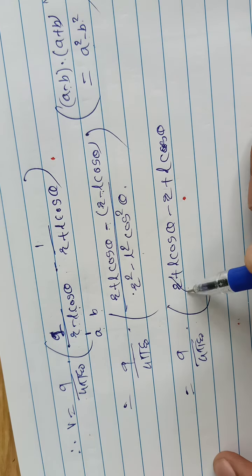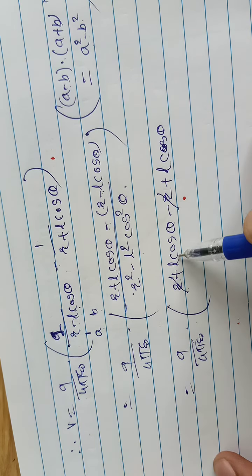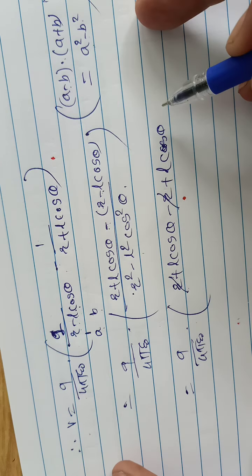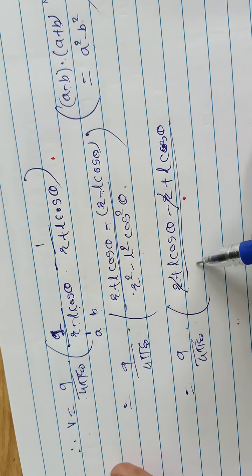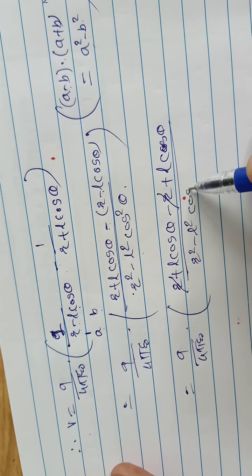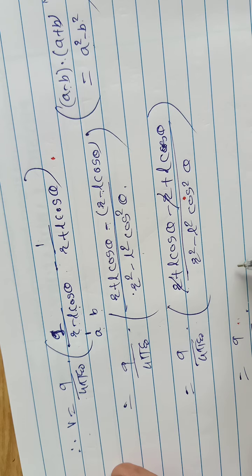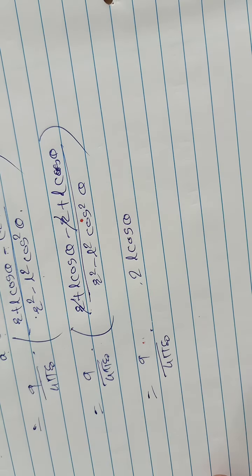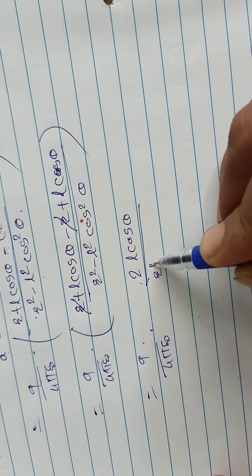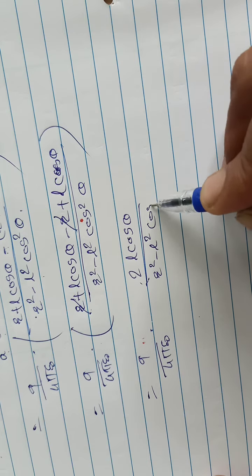Okay, so r gets cancelled, so we have l cos theta, that means it becomes 2l cos theta upon r square minus l square cos square theta. So the remaining term is q upon 4 pi epsilon naught into 2l cos theta, and the denominator value is r square minus l square cos square theta.